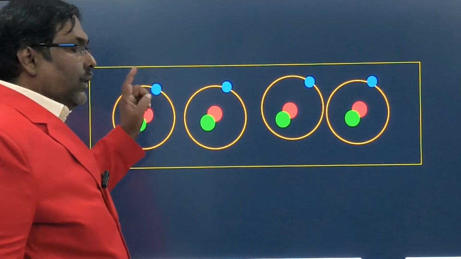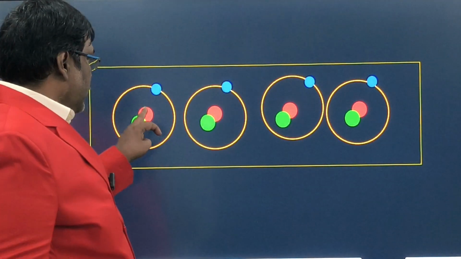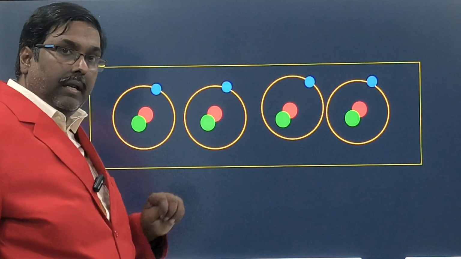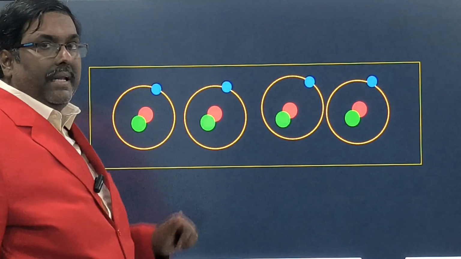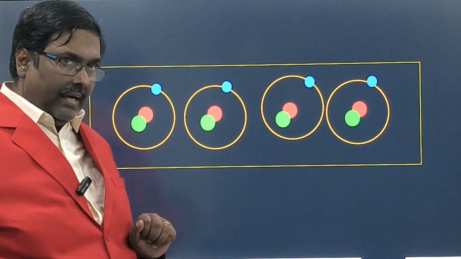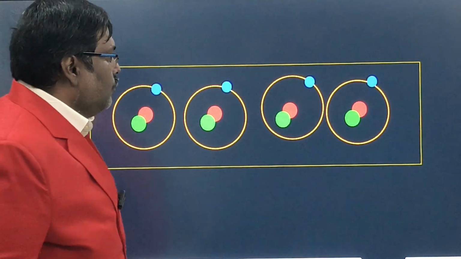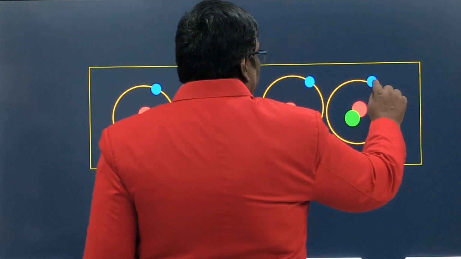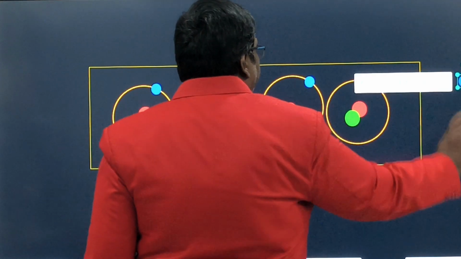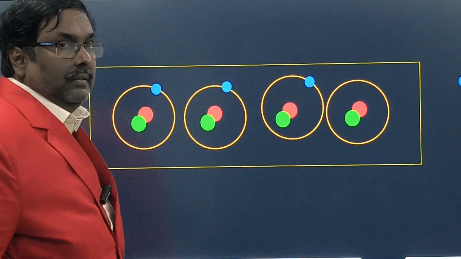Already I told you the electron is a negative charge, the proton is a positive charge, and the green neutron has neutral charge. We are going to move only the electron, that is a negative charge. With some external force, I am going to pull this electron out. So what will happen?